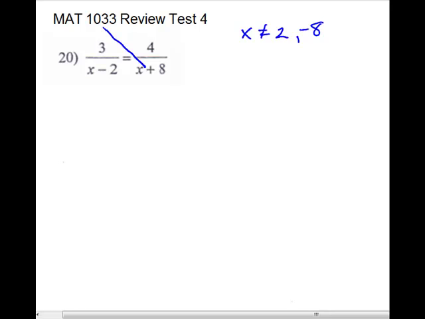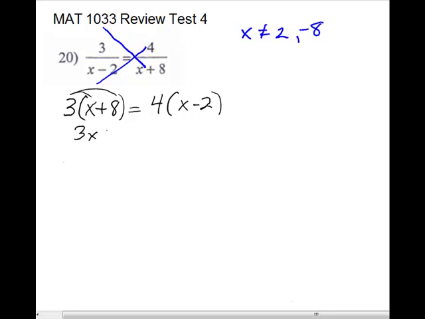So we have 3 times x plus 8 equals, and we go across the other direction, 4 times x minus 2. And then we simplify and solve.